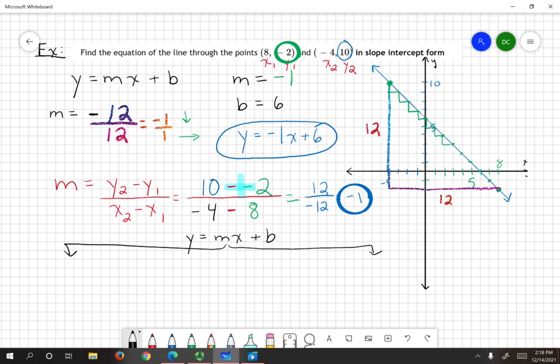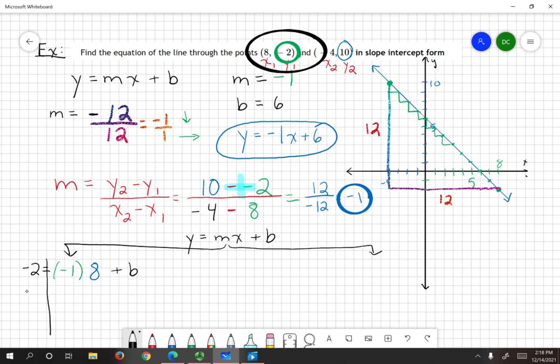So in the first one, I'm going to use 8, -2. So my y value is -2 equals my m value, which is -1. My x value is 8, plus b. Y equals mx plus b.